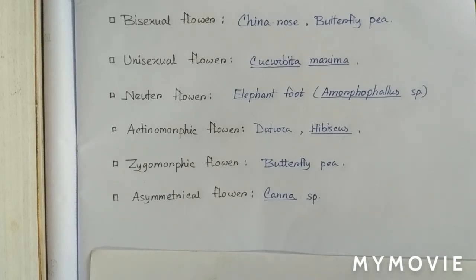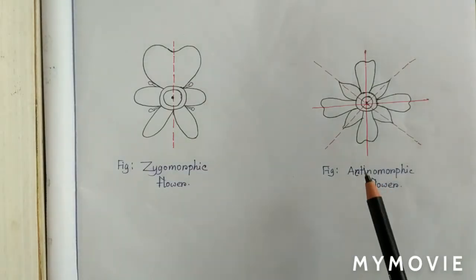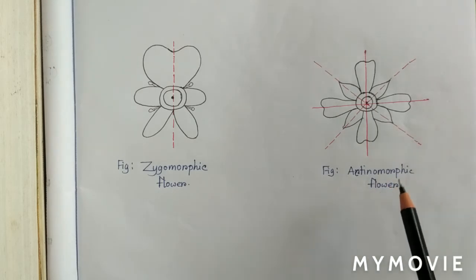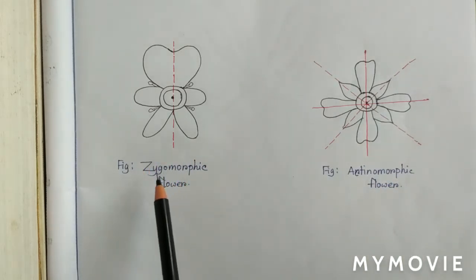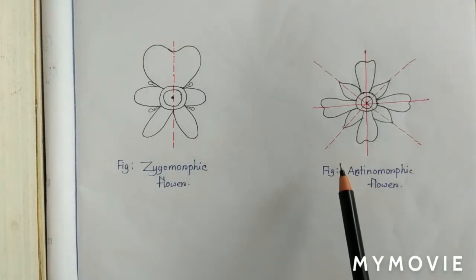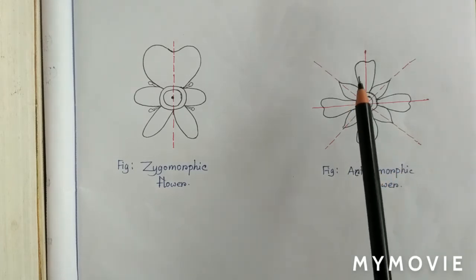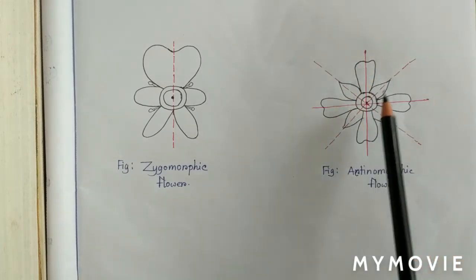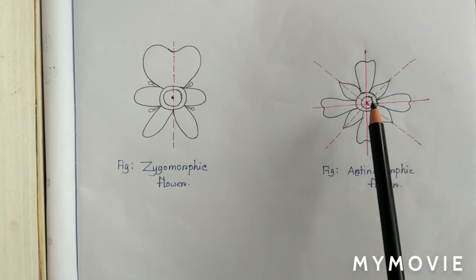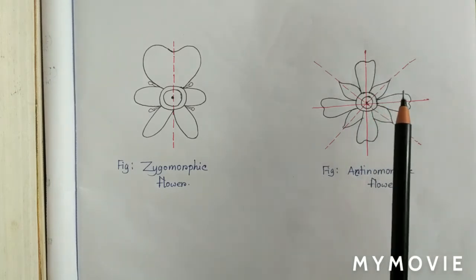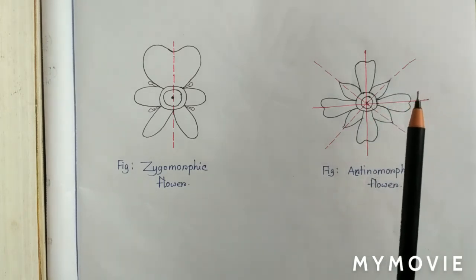Another one is actinomorphic flower. We understand it through a diagram. What is actinomorphic, what is zygomorphic, and what is asymmetrical. This is a diagram of an actinomorphic flower and this is a diagram of a zygomorphic flower. First, actinomorphic flower. Cut a flower into longitudinal section. Then we get two same halves in more than one plane.